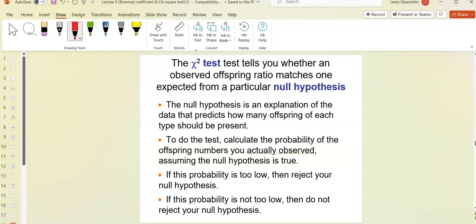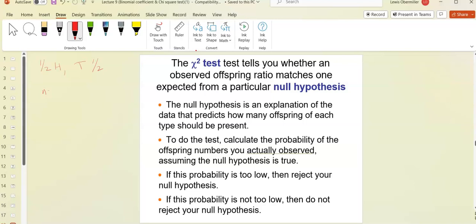And so let's do something simple that I do with my intro bio class when I teach them chi-square analysis. One of the things I do is, okay, well, let's just take the coin toss, for example. So we have heads. This is so simple, and tails, right? And so we know that the outcome is 50% heads and 50% tails.